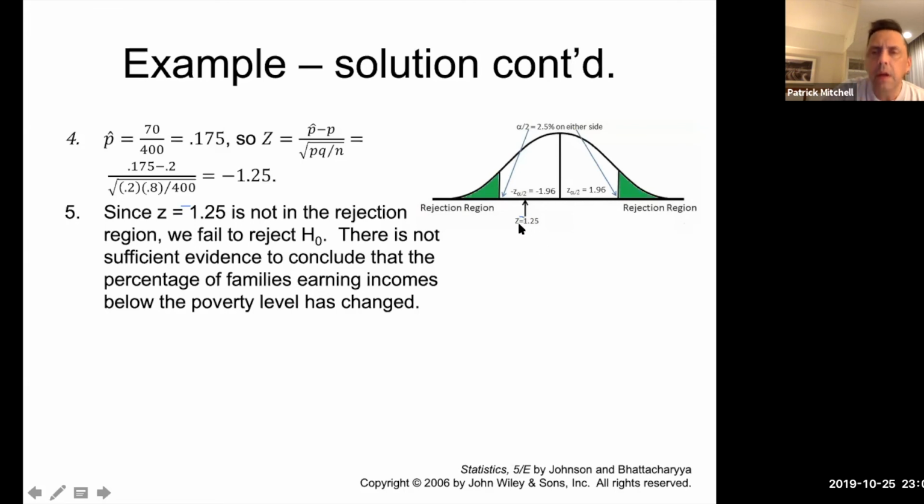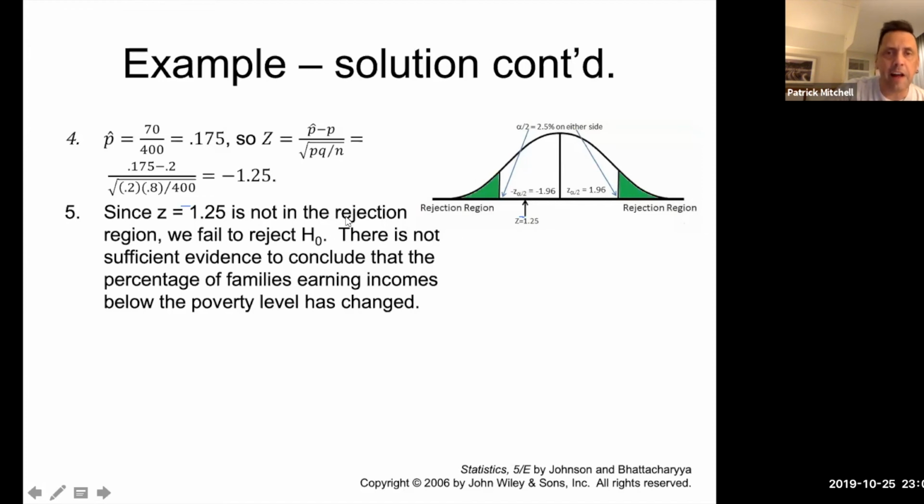Okay. Yeah, I found this picture on Google Images with the exact correct z-score there. Same as the one from our problem. All right, so you can see that that z-score is not in the rejection region. The rejection region is less than or equal to negative 1.96 or greater than or equal to 1.96.